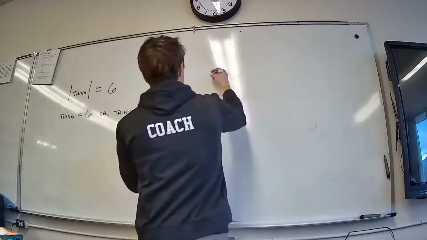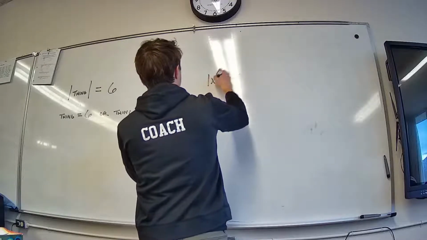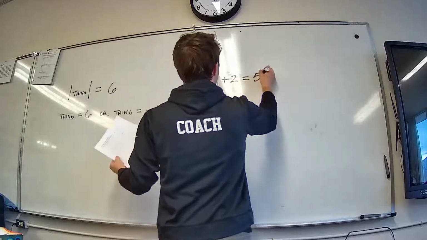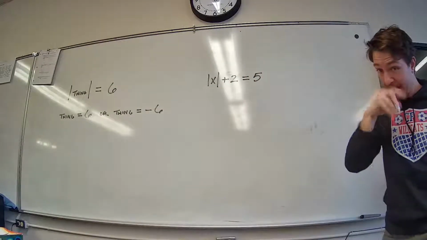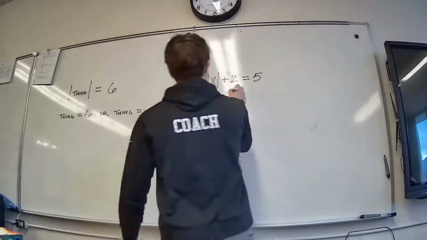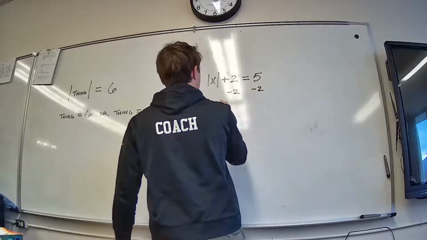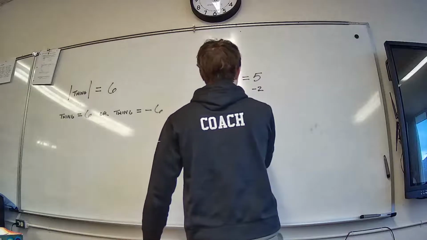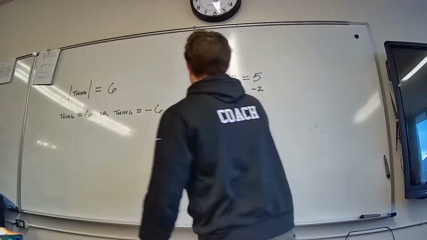So like this first one, the absolute value of x plus 2 equals 5. What should be my first step there? Subtract the 2. Minus 2 from both sides. Okay, now I have absolute value of something is equal to 3. That means there's two possibilities.